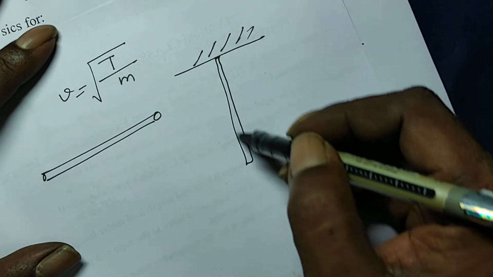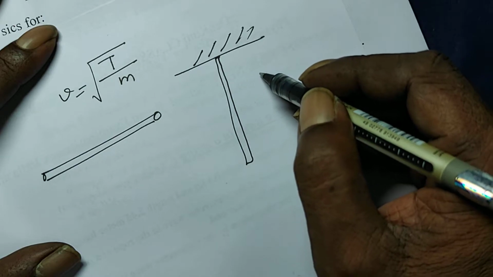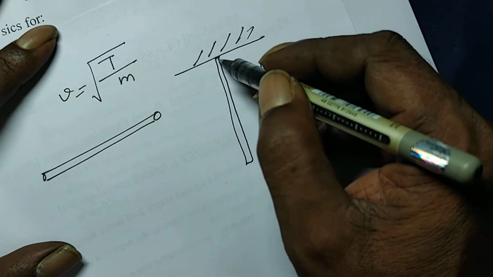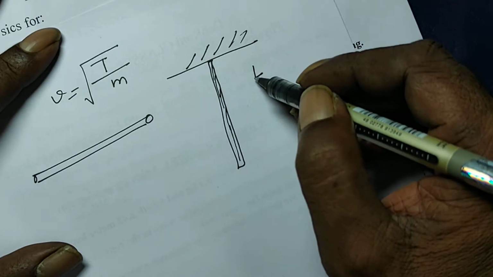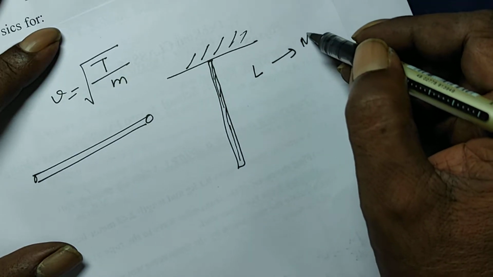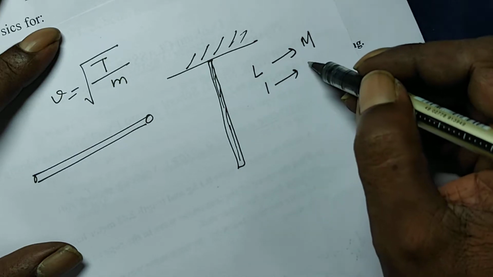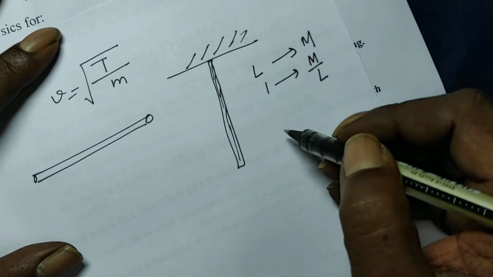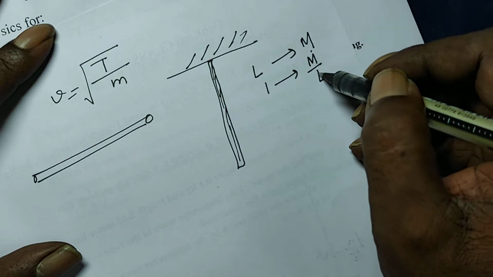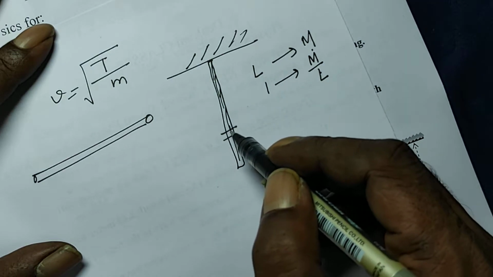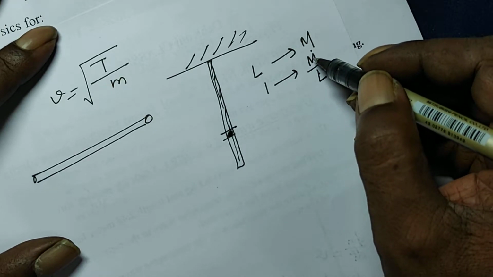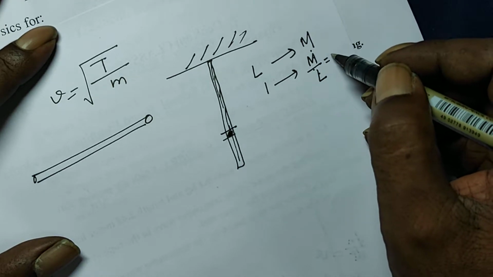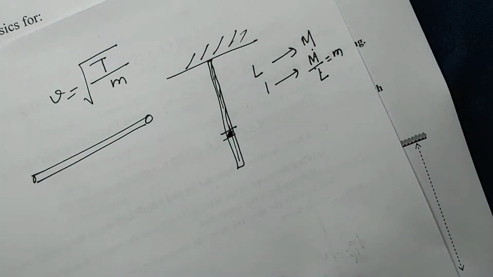So, length of the rope is L, and the total mass is m. So, in length L, total mass is m. So, per unit length, mass will be m by L. Mass per unit length of the rope, how much mass it has, is defined as total m over total length. I represent it as small m.